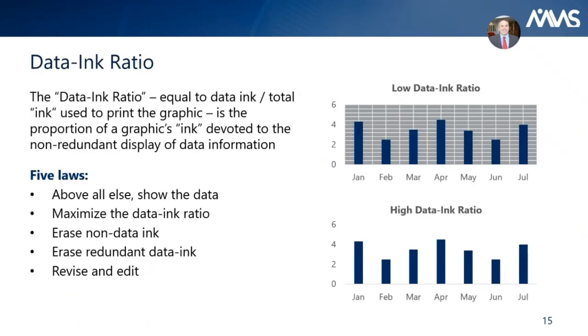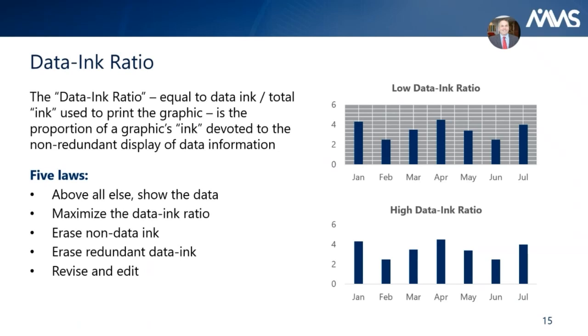So this data ink ratio concept was fairly new to me. It is defined as the total data ink, or we don't use ink here, the total pixels used to print the graphic, as a proportion of the pixels or ink devoted to the display of meaningful information.